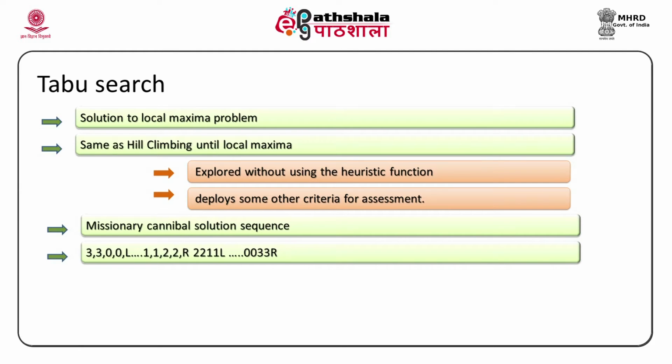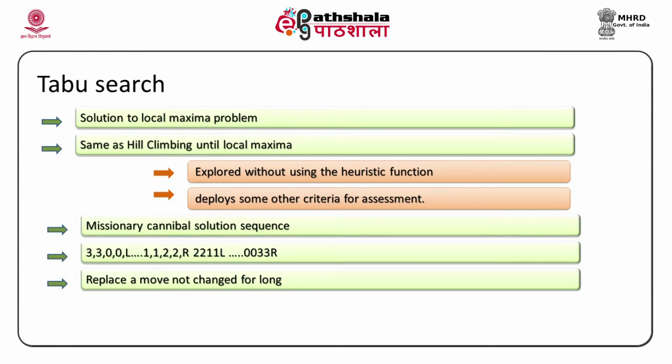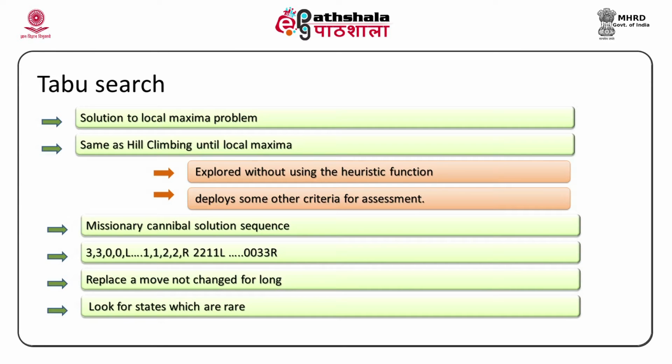So, it is possible that you choose them, you use something else to choose. So, instead of using the same heuristic function, use some other route. One more example is to replace a move, something which has not changed for long, change it and see if you can reach some solution.